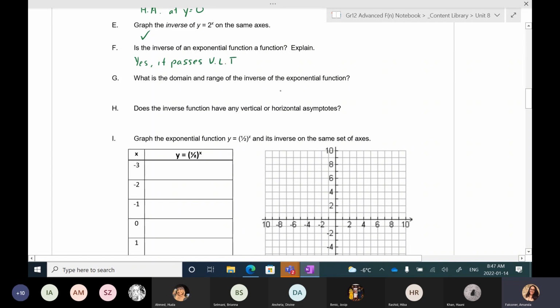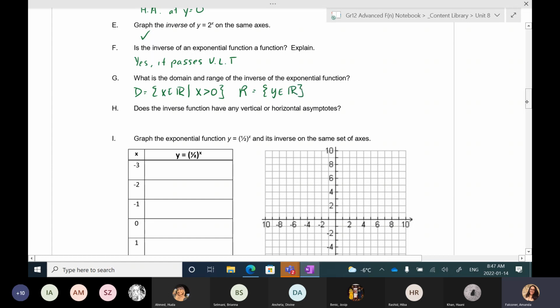What is the domain and range of the inverse of the exponential function? So the domain is x is an element of the real number set such that x's are greater than 0. And the range is y is an element of the real number set.